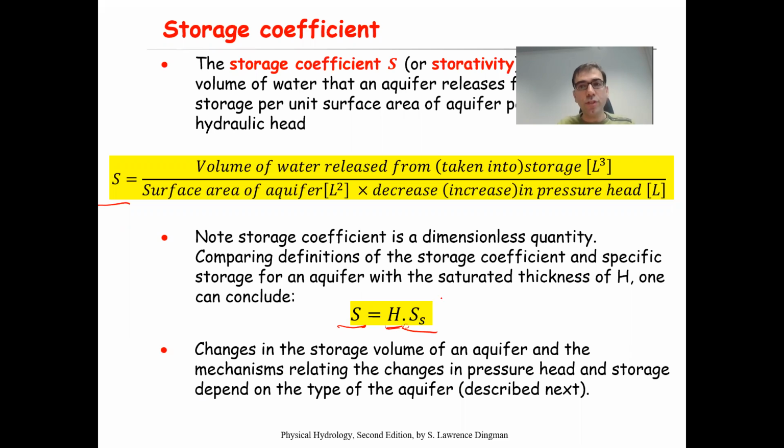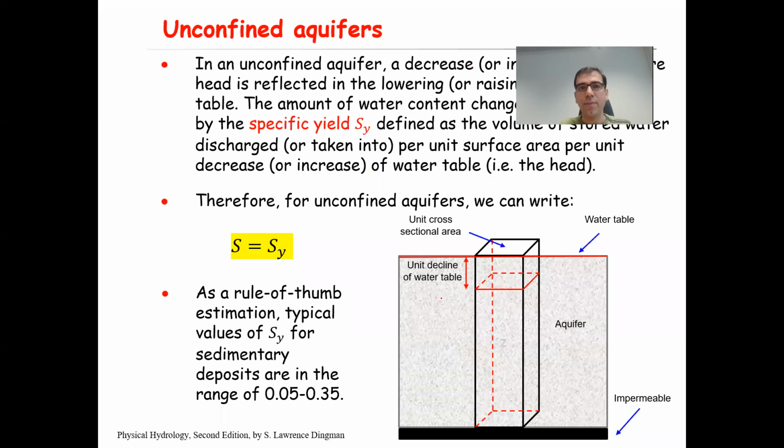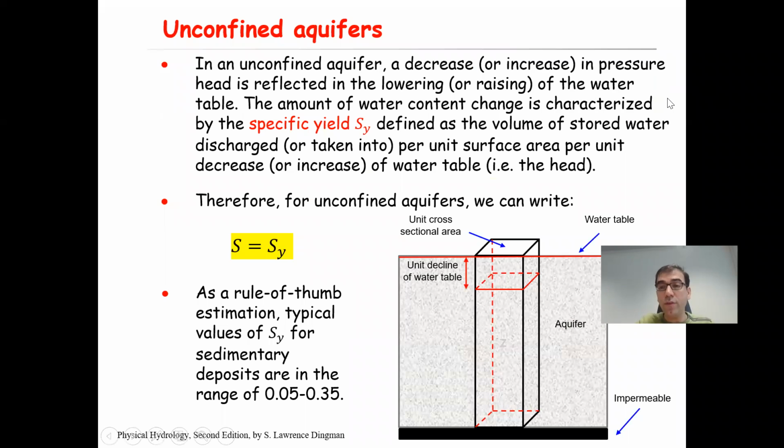Another point to consider is that the changes in the storage volume of an aquifer and the mechanisms relating the changes in pressure head and storage depend on the type of the aquifer. If you are dealing with an unconfined aquifer, a decrease in pressure head is reflected in lowering the water table.